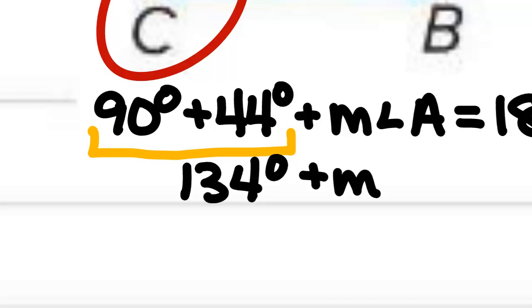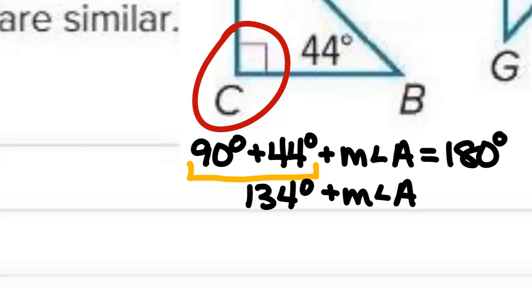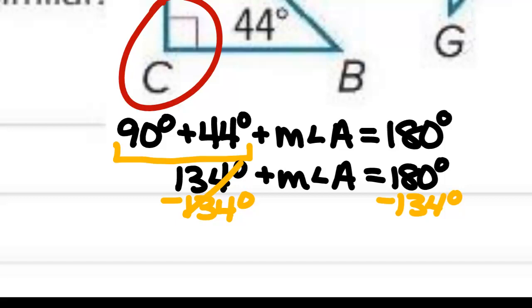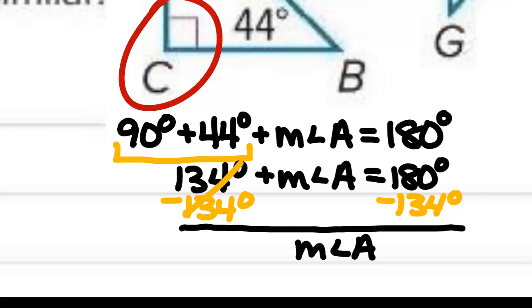So 134 degrees plus the measure of angle A equals 180. I subtract 134 degrees from both sides. And so angle A would be how big? 46 degrees.